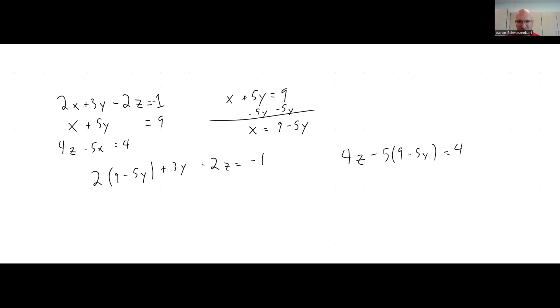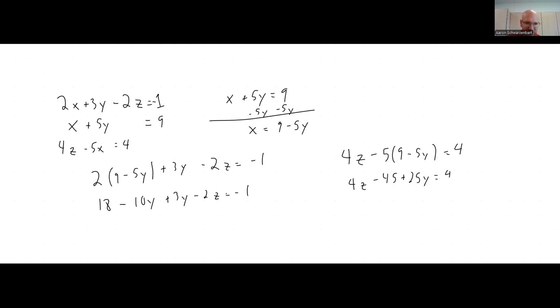I'm just going to simplify these. For z, minus 45 plus 25y equals 4. And 18 minus 10y plus 3y minus 2z equals -1.